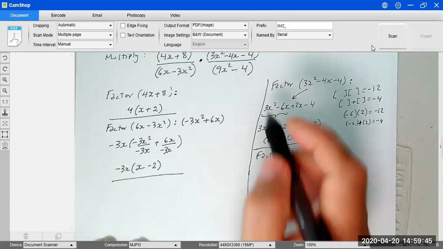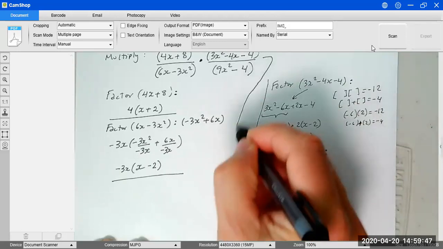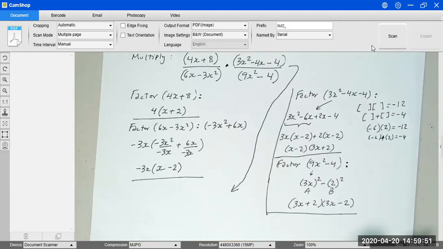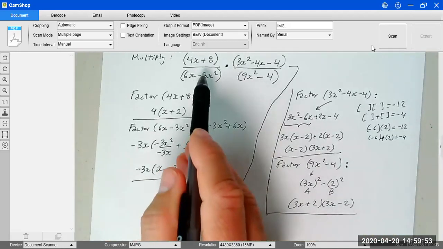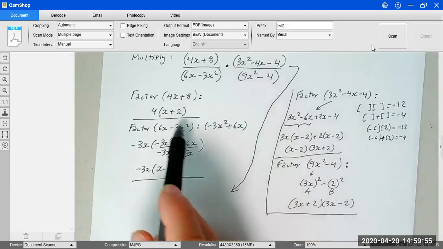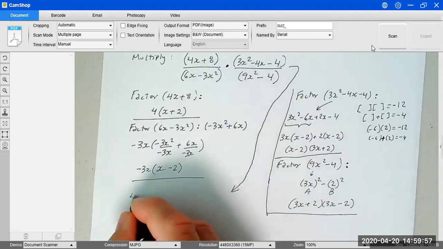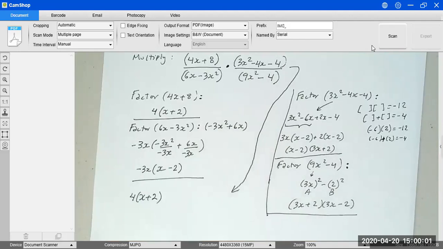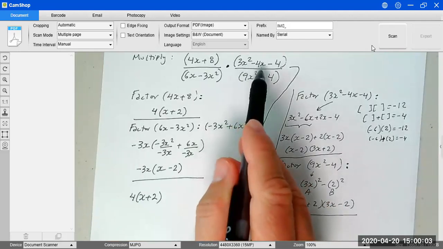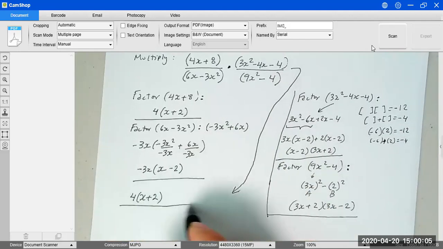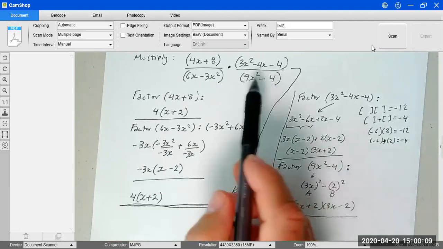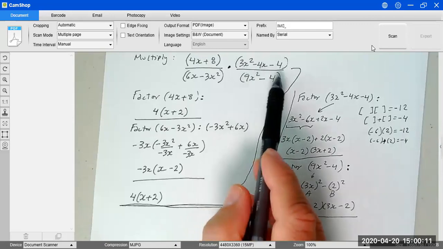So I have everything now, factored. So we're going to rewrite this thing over here. So 4x plus 8 first is written as 4 times x plus 2. Then I have 3x squared, and I have a huge fraction bar here for everything. I have 3x squared minus 4x minus 4.